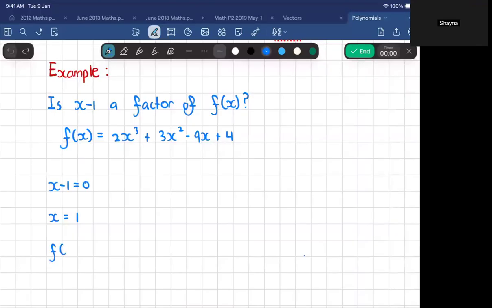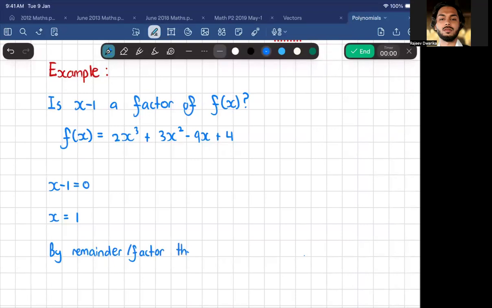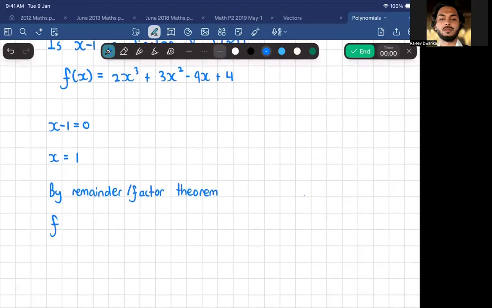So by the remainder theorem, you would say f of 1 is equal to 2 by 1 cubed plus 3 by 1 squared minus 9 by 1 plus 4.